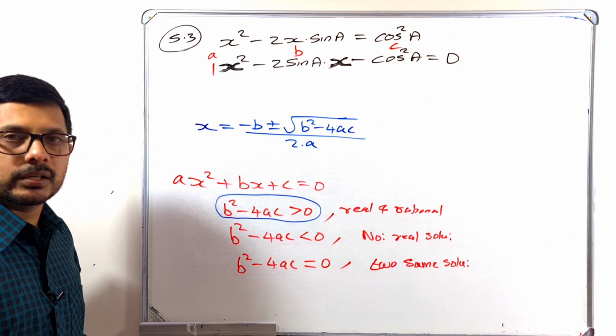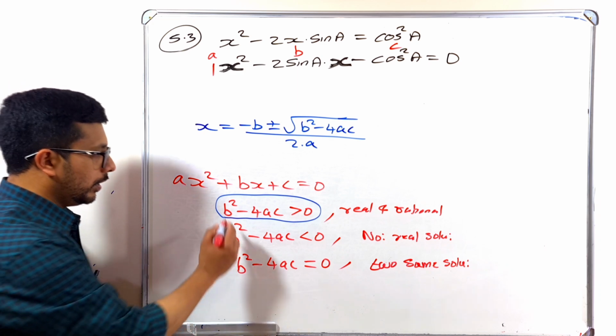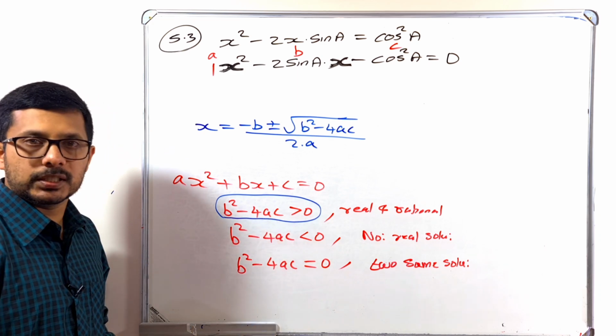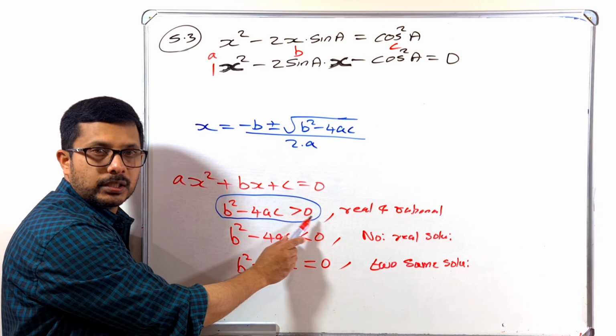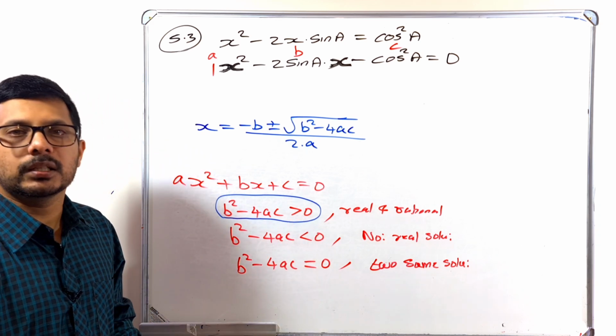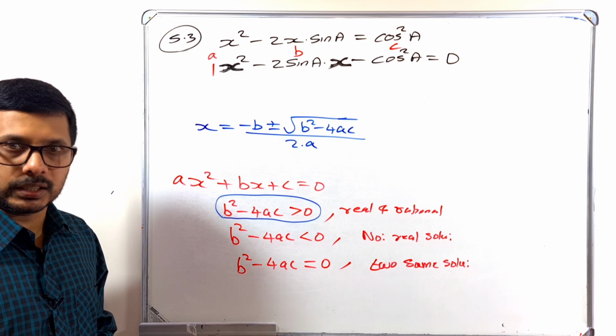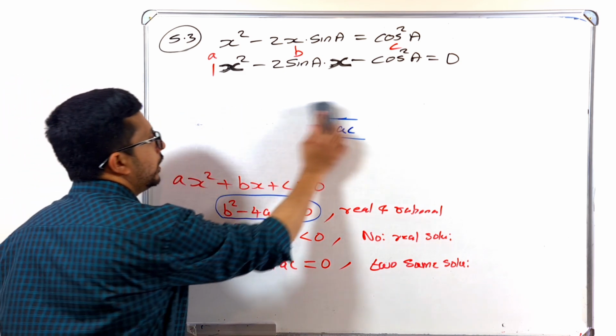Now let's substitute in b squared minus 4ac. Don't forget that if we get the answer positive, greater than 0, then we can say that its roots are real and rational. So let's find b squared minus 4ac now.